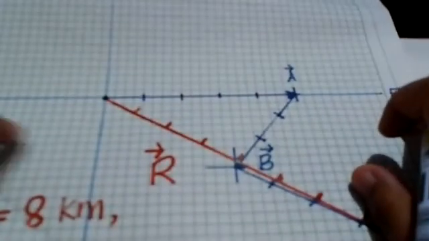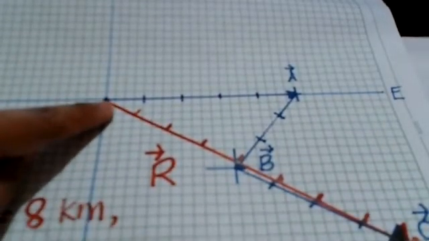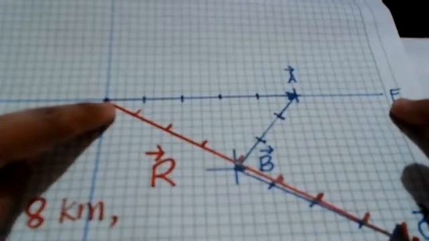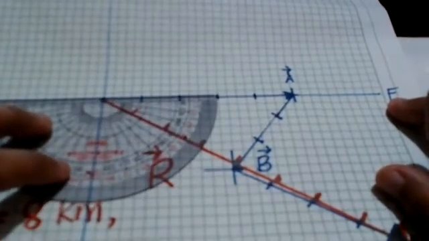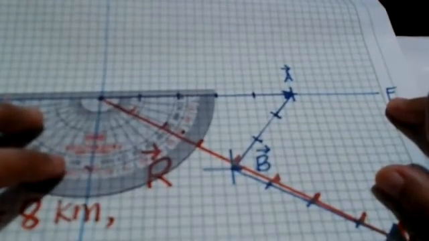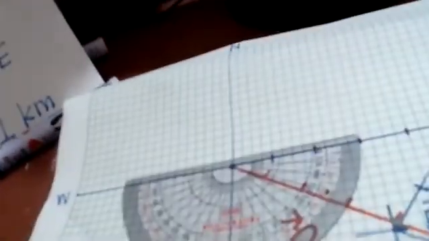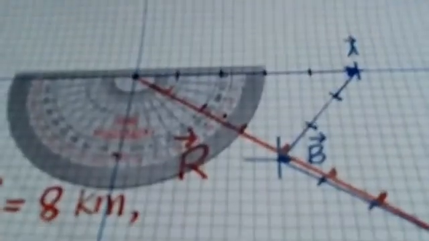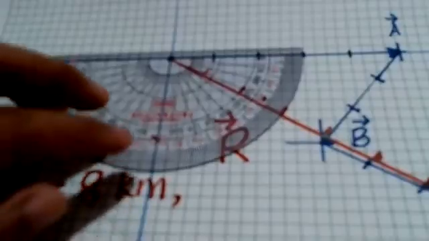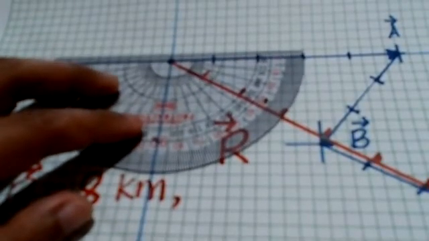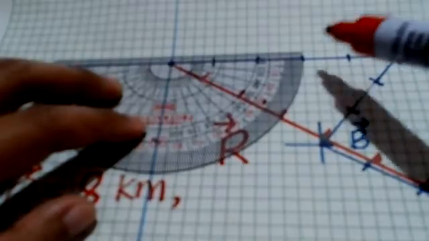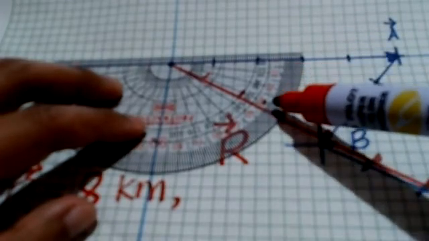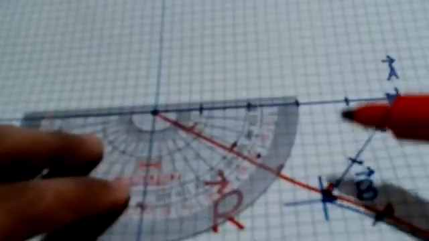Next, let's get the direction of our resultant vector. Again, we use the east and west line as our reference. Since our resultant vector falls under the east direction, we measure using the east as our reference point. Let's measure. That is 10, 20, 30. There's a little discrepancy.